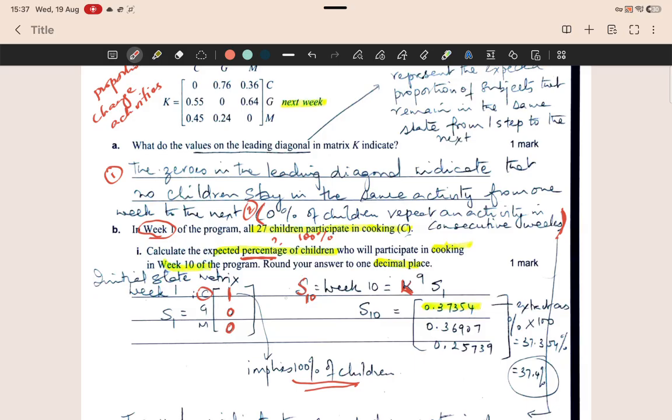Because the number of students in the first week is given to you, we only have to calculate 9 transitions on the first week matrix.